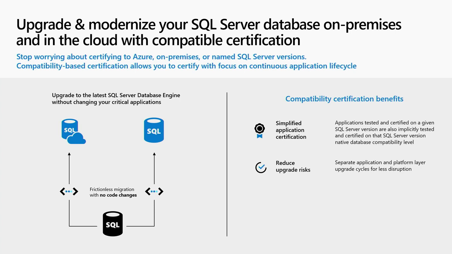So you can actually separate these two moments in time and have less disruption if you can, for example, upgrade the database layer first to work in either Azure or newer bits of SQL Server. And then once that's stabilized, then actually move the application on top.